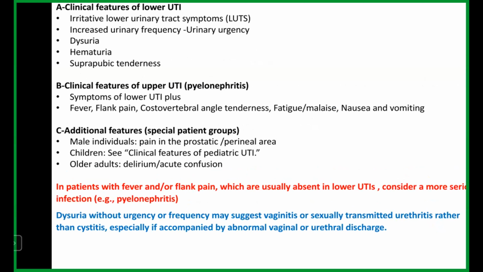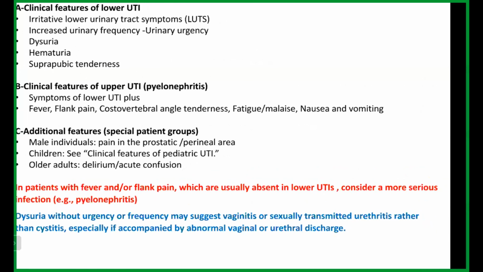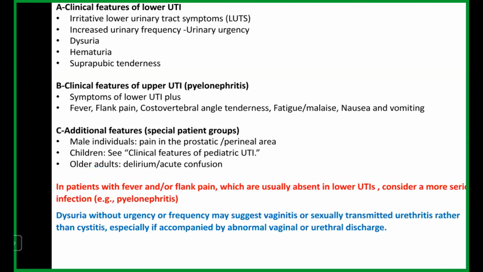Here I wrote something in this color: in a patient with fever and/or flank pain, which are usually absent in lower urinary tract infection, consider a more serious infection, most commonly pyelonephritis. Dysuria without urgency or frequency may suggest vaginitis or sexually transmitted urethritis rather than cystitis, especially if accompanied by abnormal vaginal or urethral discharge.